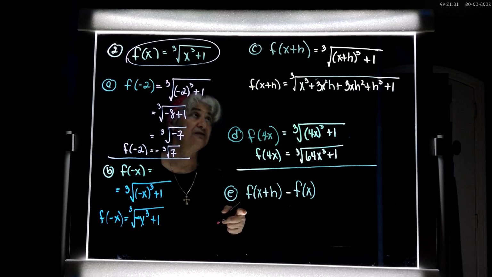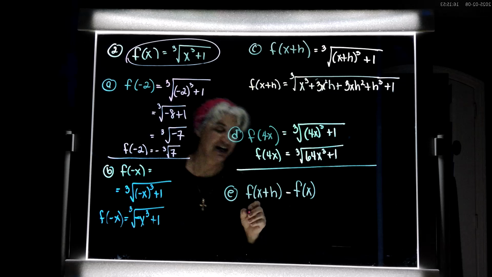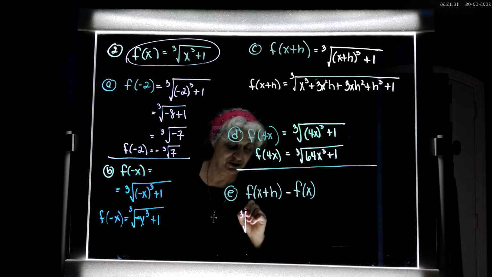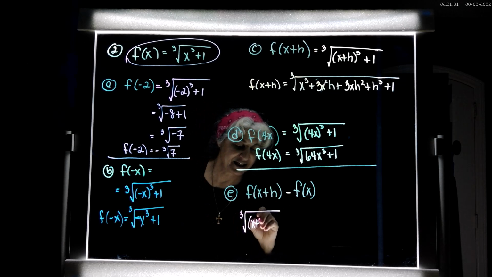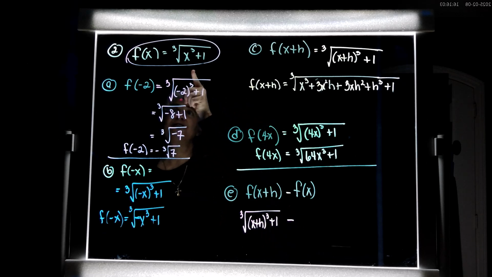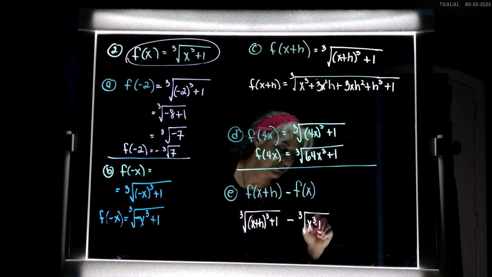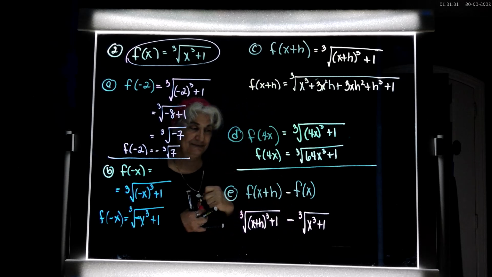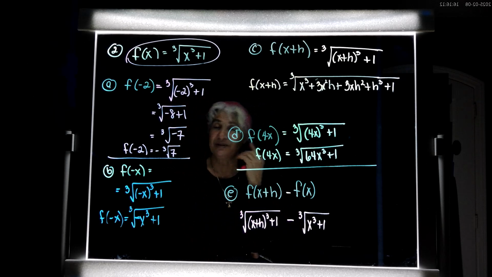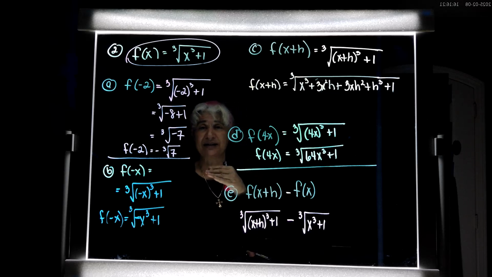All right, letter E. Yeah, this is f of x plus h. I'm just going to write it this way. Cubed root of x plus h in parentheses cubed plus 1. And then I'm subtracting off the cubed root of x cubed plus 1. Now, as much as I would like to subtract, we need to remember addition and subtraction are picky. Things have to be exactly the same for me to add or subtract them.